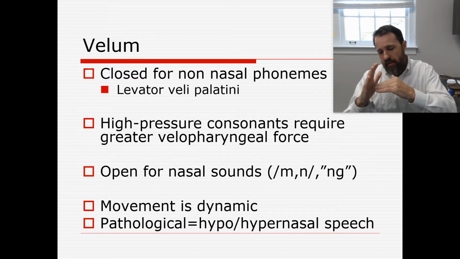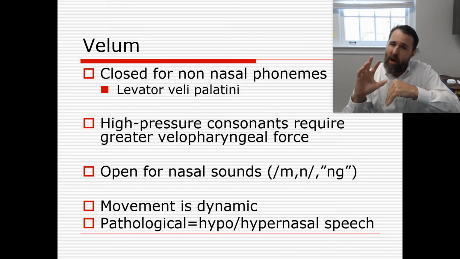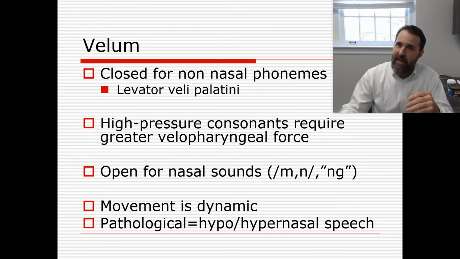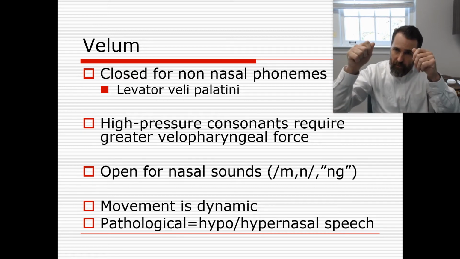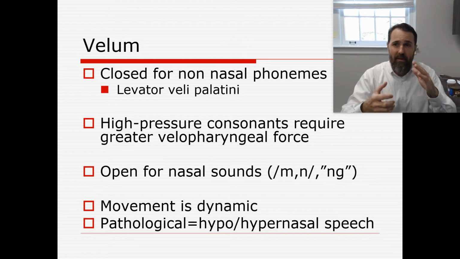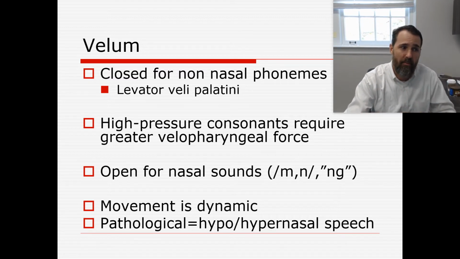And the velum is depressed, opening the velopharyngeal port for the production of nasal phonemes. And recall that the palatopharyngeus and the palatoglossus are two muscles that can work to pull down on the velum, opening the velopharyngeal port.